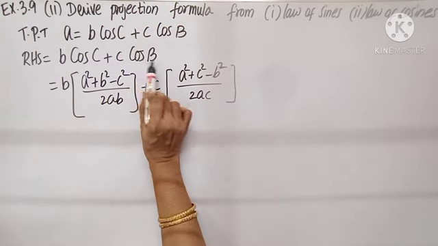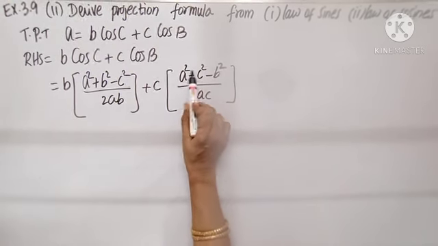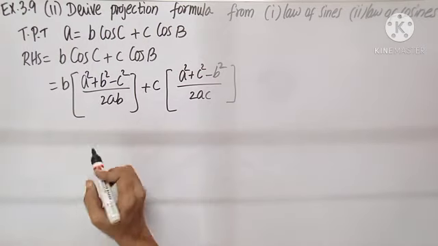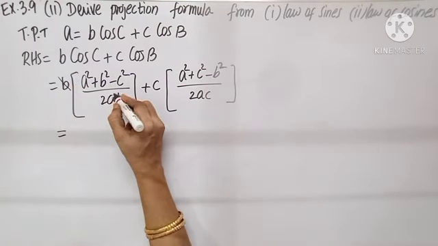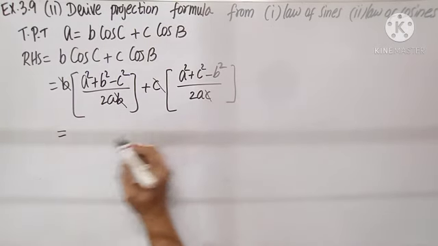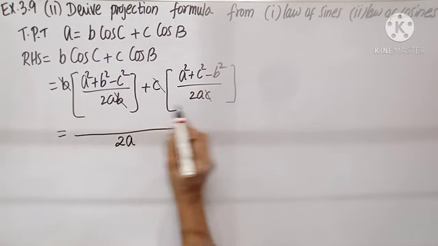Remember, if I want b square to be negative, the other two positive, the combination in the denominator. Same idea here also. b and b cancel, c and c cancel. We are left with 2a as a common denominator.